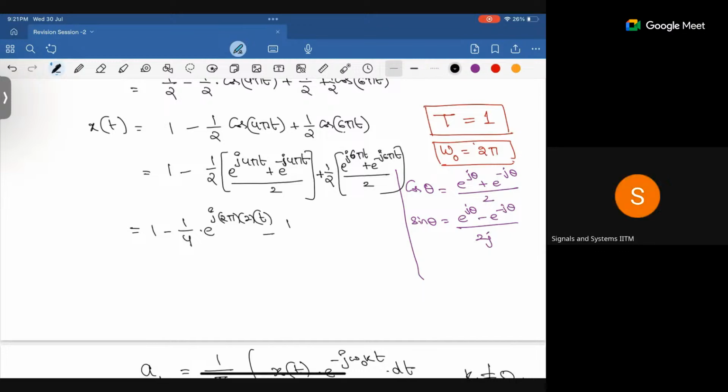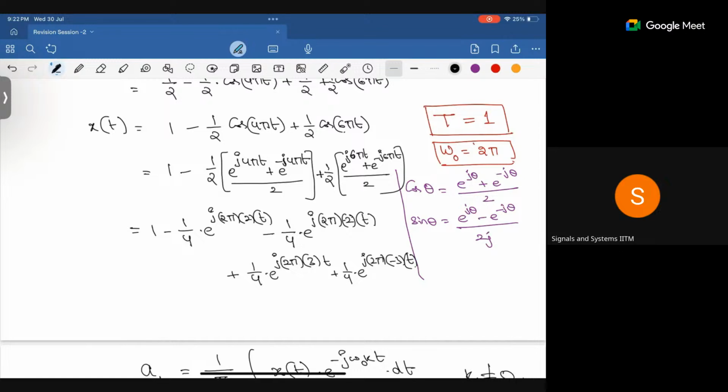Yes, sir. And then we'll have minus 1/4 into e^(j 2 pi into minus 2 into t). And then we'll have plus 1/4 into e^(j 2 pi 3t), plus 1/4 e^(j 2 pi minus 3t). Right?